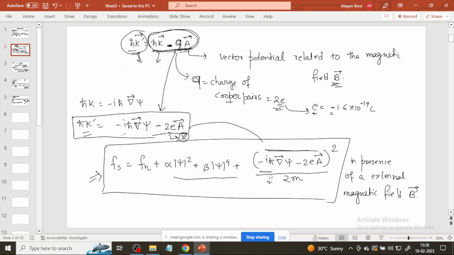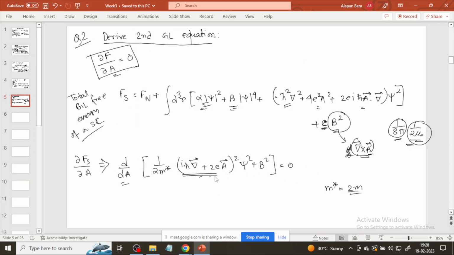If we take the minus out, it goes out because minus square is plus. So we get the plus i h square delta plus 2eA, that we have written here. So we start from this equation and now let's simplify this. This gives us d by dA of 1 by 2m star, and then minus i h cut del, because you can write this.